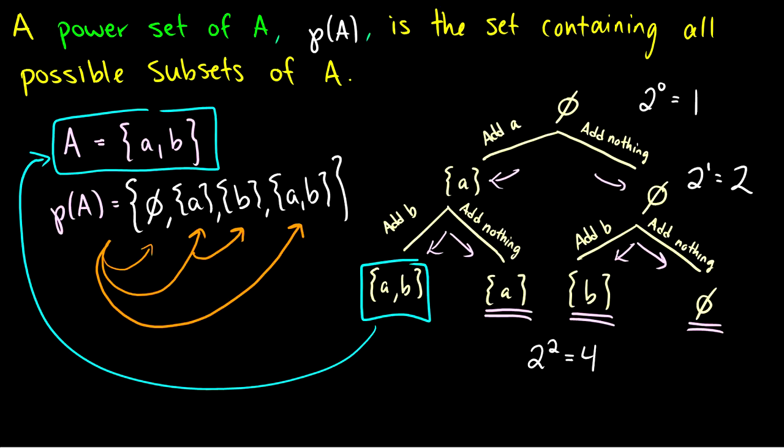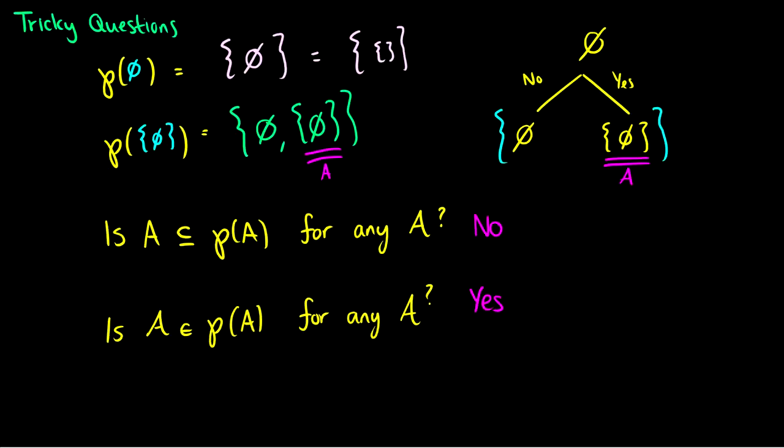There are some cases where the original set is a subset of the power set, but not all cases. For instance, the set AB is not a subset of the power set, it's just an element in this case. But if we compare it to this example, we would see that A is a subset of the power set. But this is just one situation in which it does occur. So, all the time A is an element of the power set, but not all the time is A a subset of the power set.